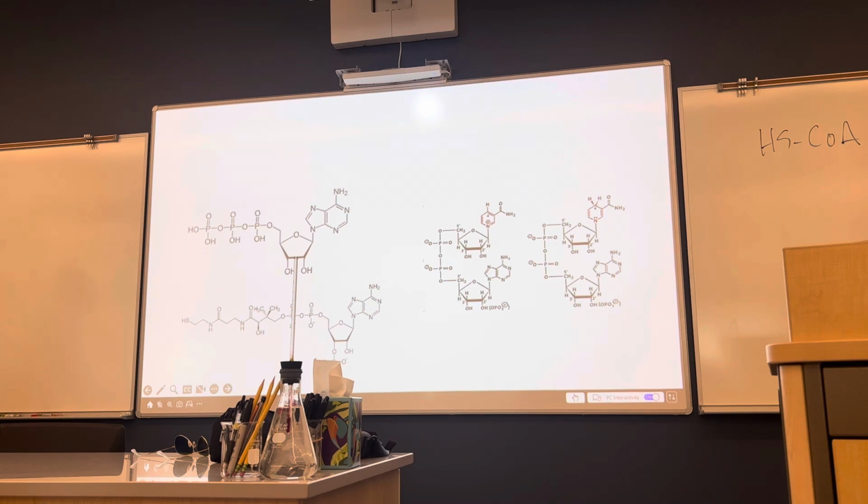The pyruvate loses one carbon as carbon dioxide. It's now a 2-carbon molecule, which is an acetyl group, and it has that coenzyme A stuck to it. The coenzyme A is what facilitates the entry of that acetyl group into the mitochondria so that it can participate in the citric acid cycle. By combining with what?